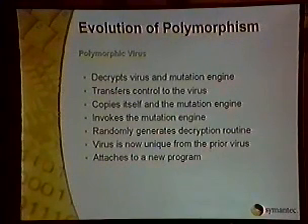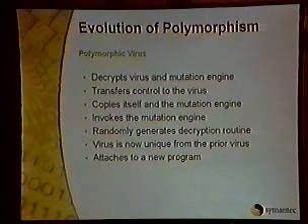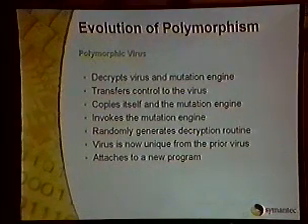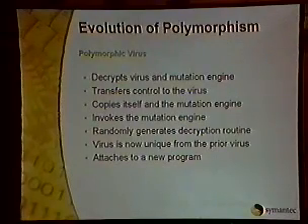So AV vendors were stumped at the very beginning trying to figure out how to go about detecting these polymorphic viruses. We're going to look here and try to figure out what we can learn from the AV vendors to help us in the IDS world.